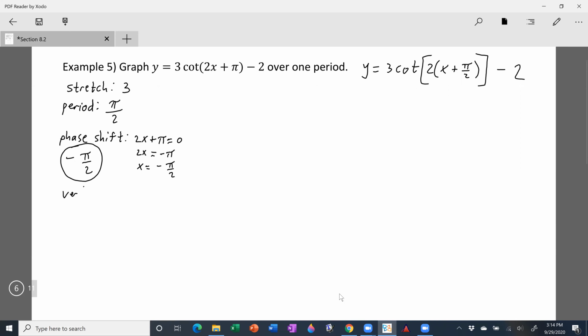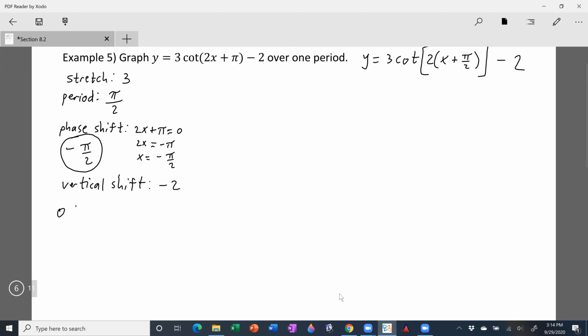Okay, but when that's not factored out, then you have to have the argument set equal to 0. Okay, the vertical shift. Okay, so there's that minus 2 in the back. Okay, and then let's go ahead and do our interval. So cotangent is between 0 and pi. So 0 less than or equal to the argument, less than or equal to pi.